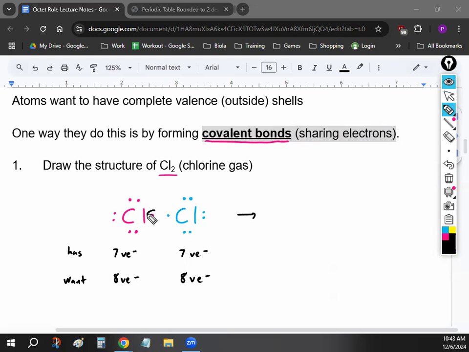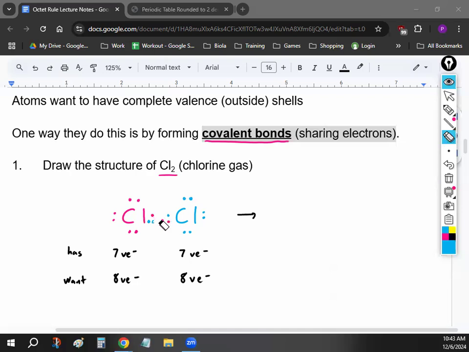They're going to share them with one another, so they're going to be moving in between them. So this one can go here so that it looks like this chlorine has 8. And this one can also go here so that this one also has 8. If we covered up this chlorine, the other one has 8 valence electrons, and if we covered up that one, this chlorine looks like it has 8 valence electrons. That's what it means to have a covalent bond. They just share electrons together.